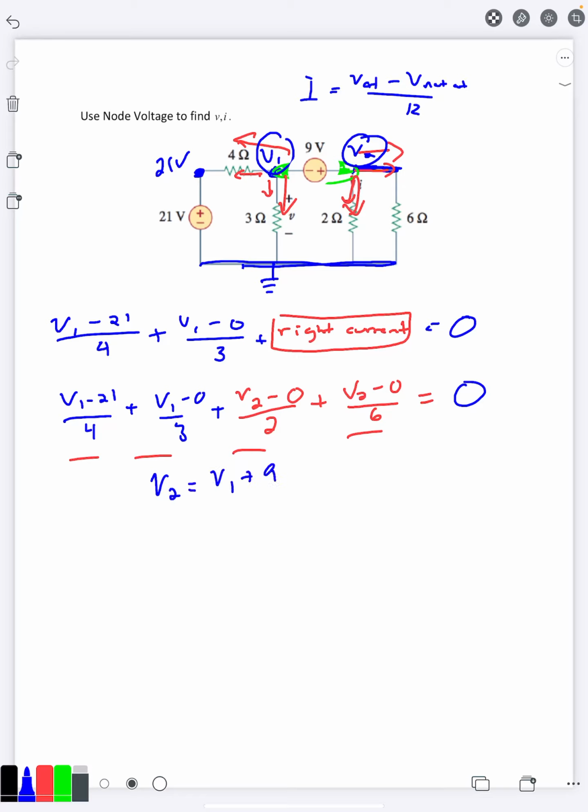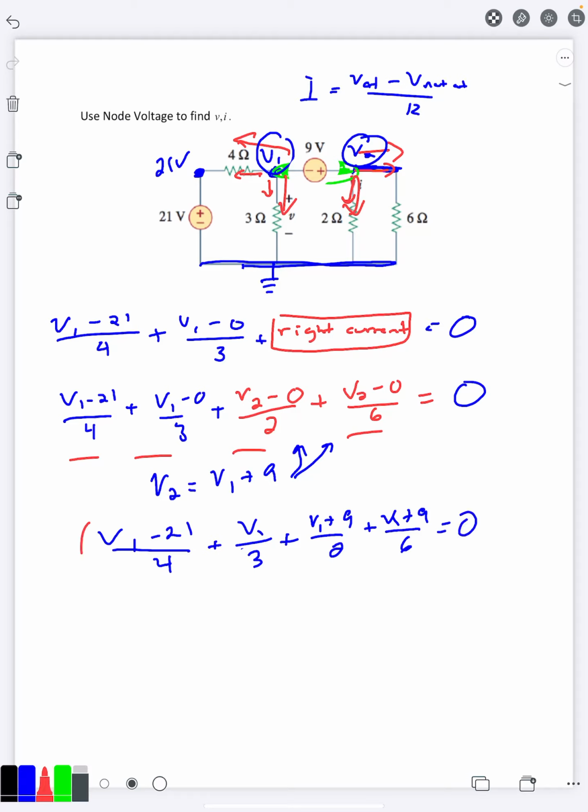And once we have that, we can go ahead and substitute it into our equation here. So we're going to replace our V2s with V1 plus 9. Sorry, it's not 8, that is 3 here. So V2 is (V1 plus 9) over 2 plus (V1 plus 9) over 6.